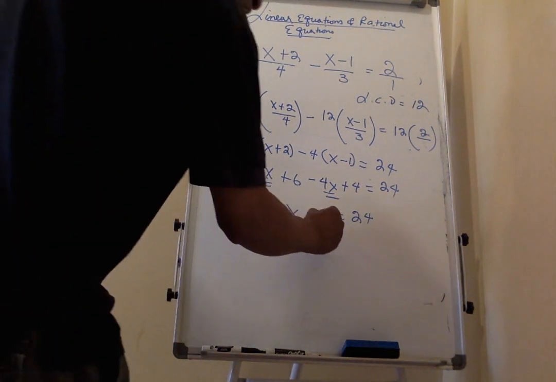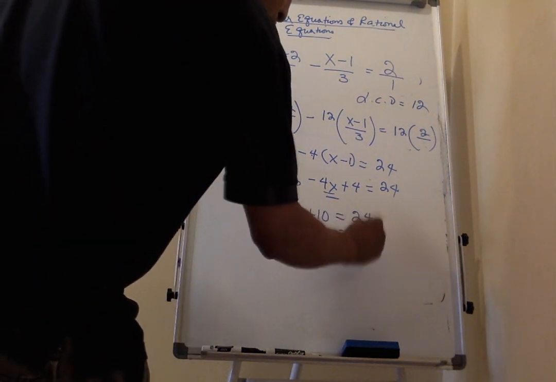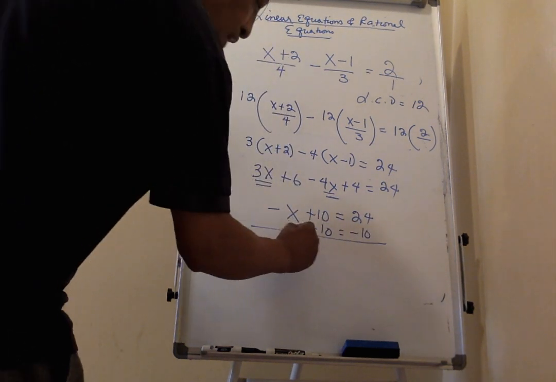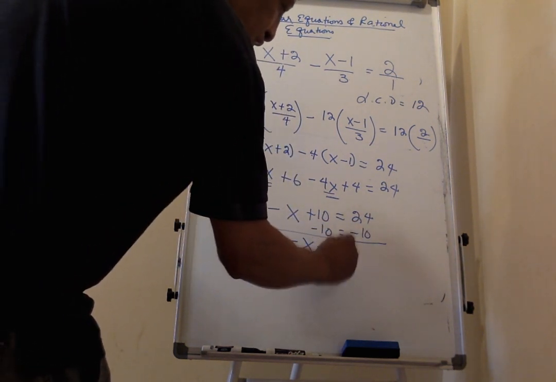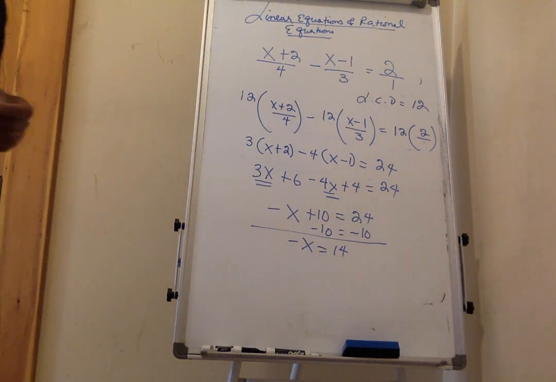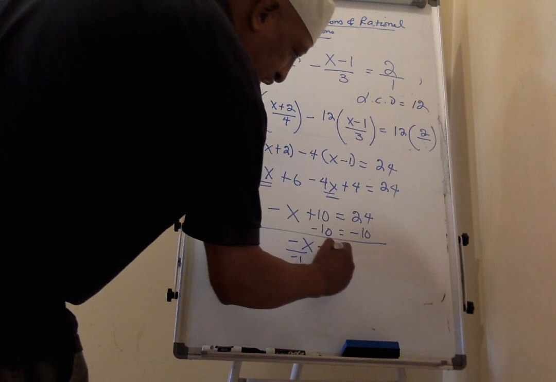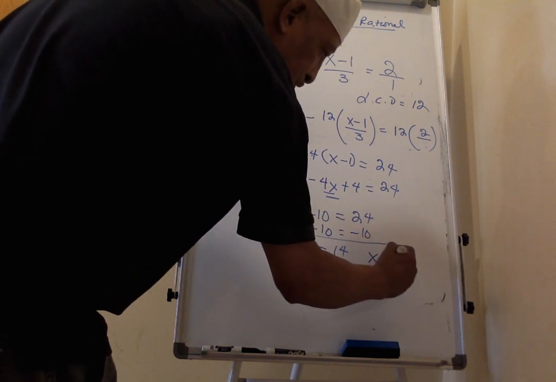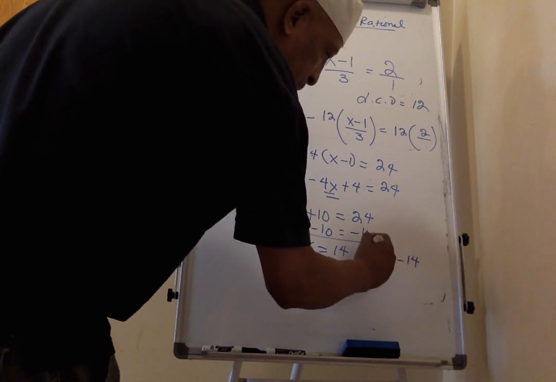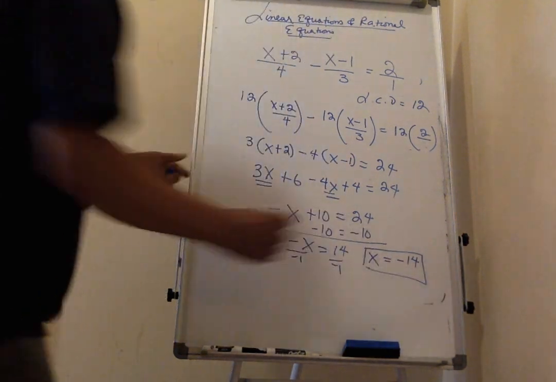Then take away 10 from both sides, so you would have negative x is equal to 14. But 14 is the value of negative x, and we are looking for not negative x, but x. So you can divide it by negative 1, then x is equal to negative 14, and you're done.